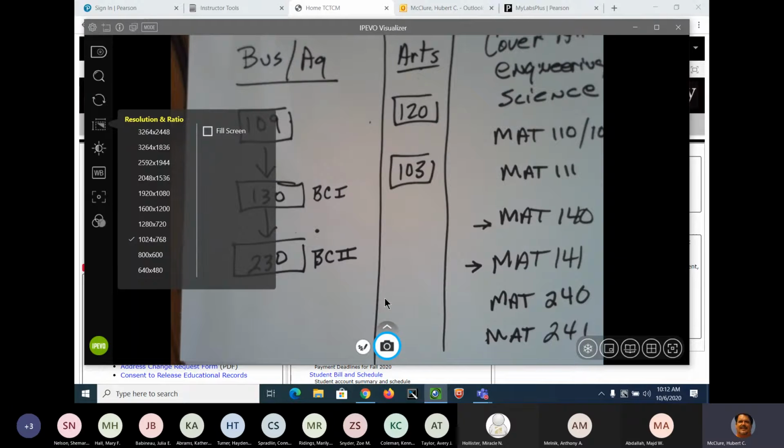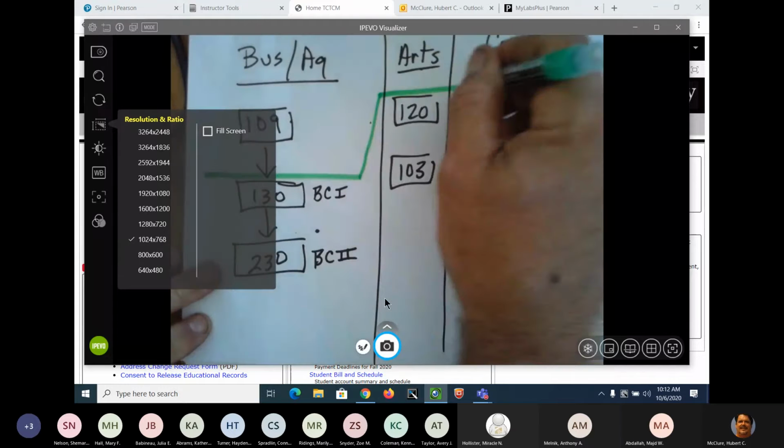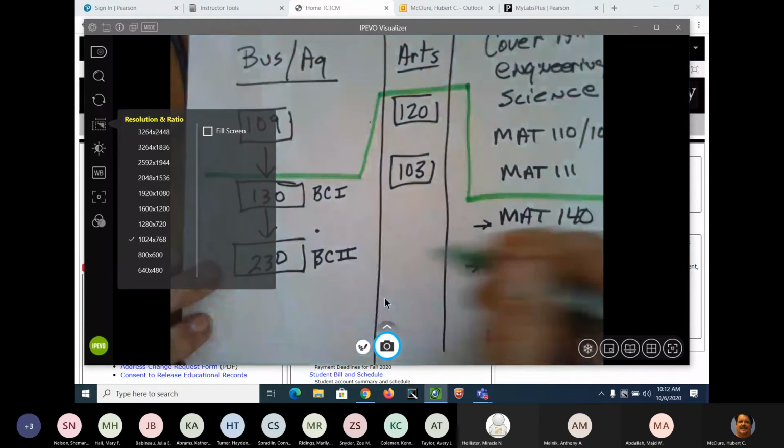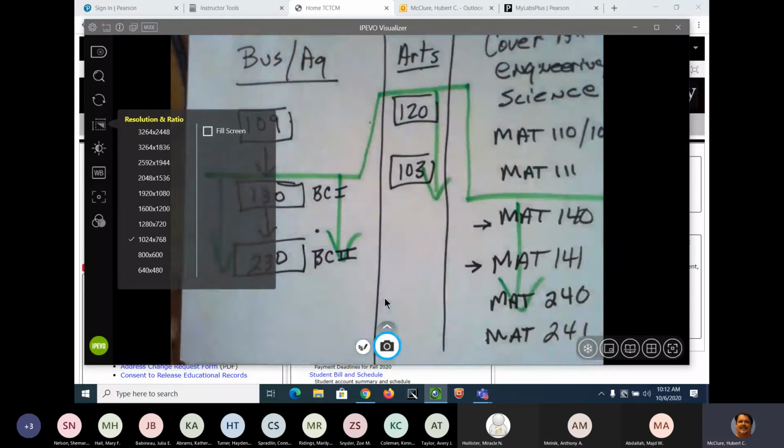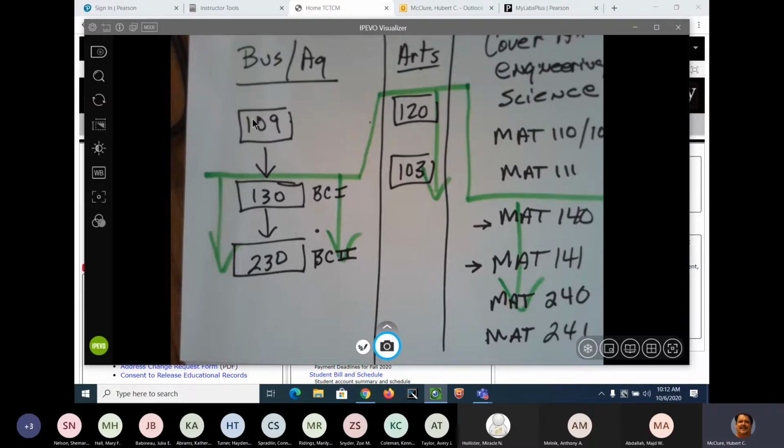All of these are your transferable maths. They will transfer to Clemson as a math. These will transfer to Clemson as an elective or a science.